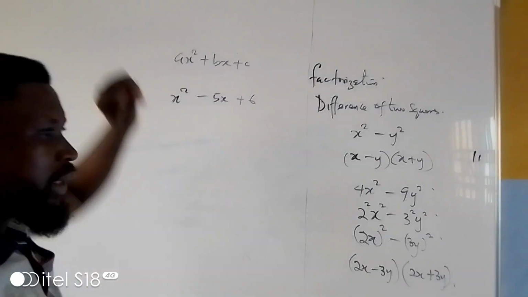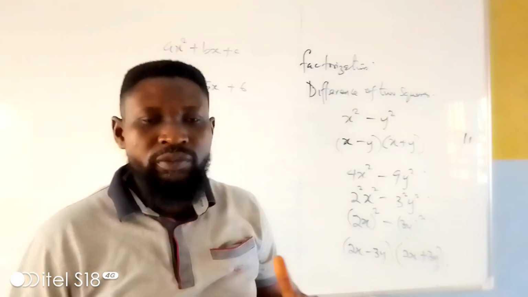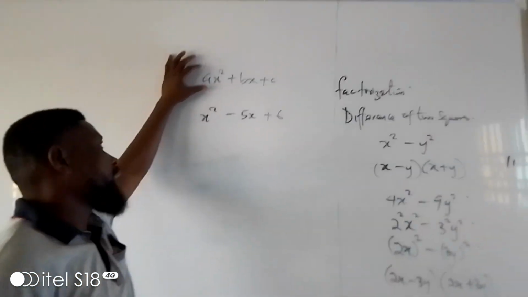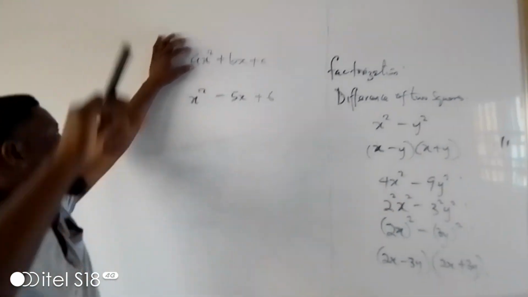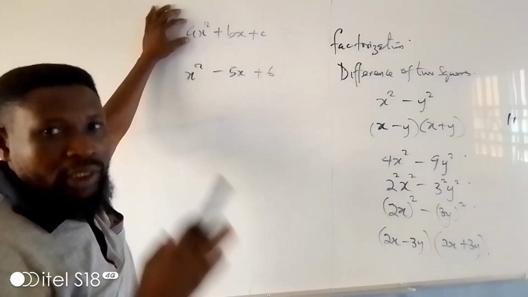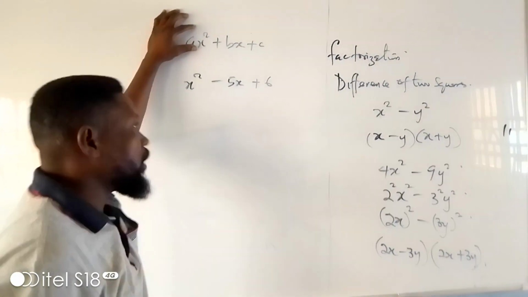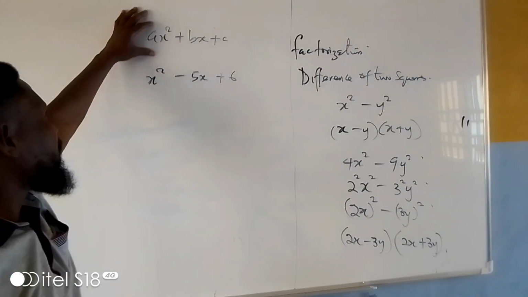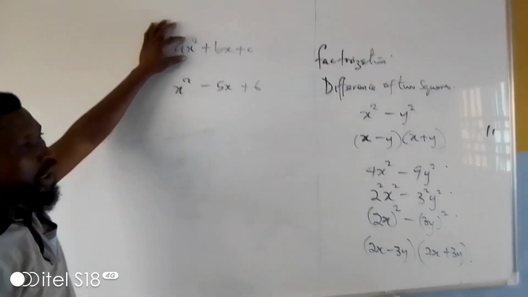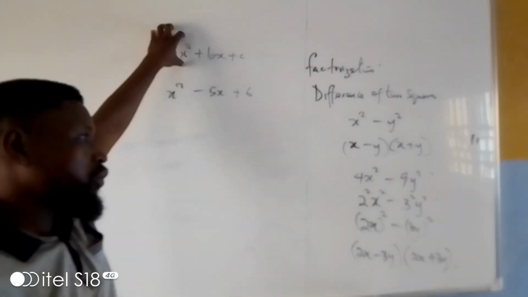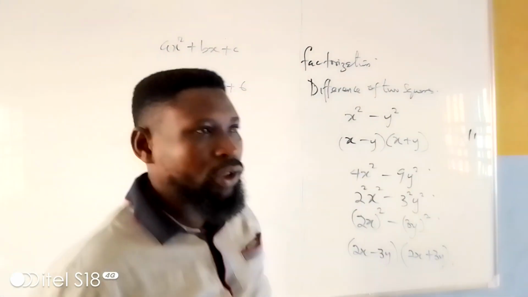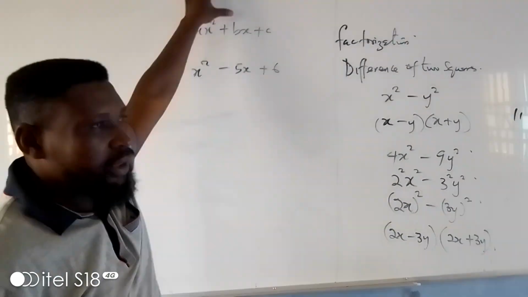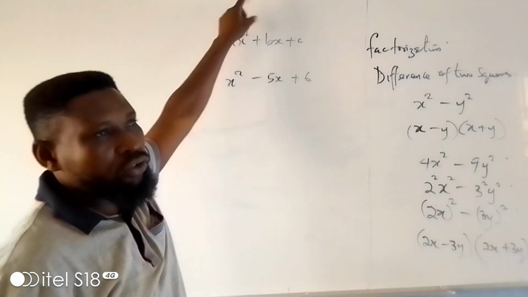Now, for you to factorize a given expression effectively, you have to first of all consider the first step. Okay, I've forgotten to tell you that in a quadratic expression, we have the first term, the second term, and the third term. The first term here is the coefficient of x squared. And also, don't forget that a quadratic equation is an equation whose highest degree of the variable is 2.